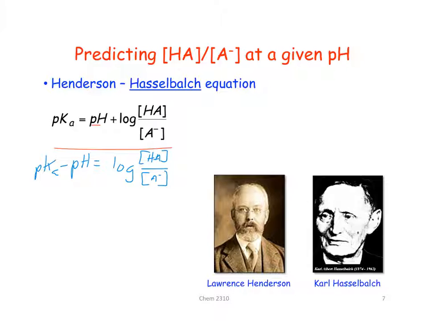All right, so now I want to get rid of that log. So I'm going to raise both sides to, well, I'm going to go 10 to the different powers. So I'm going to say 10 to the pKa minus pH power equals now just the concentration of the acid over the concentration of the base.